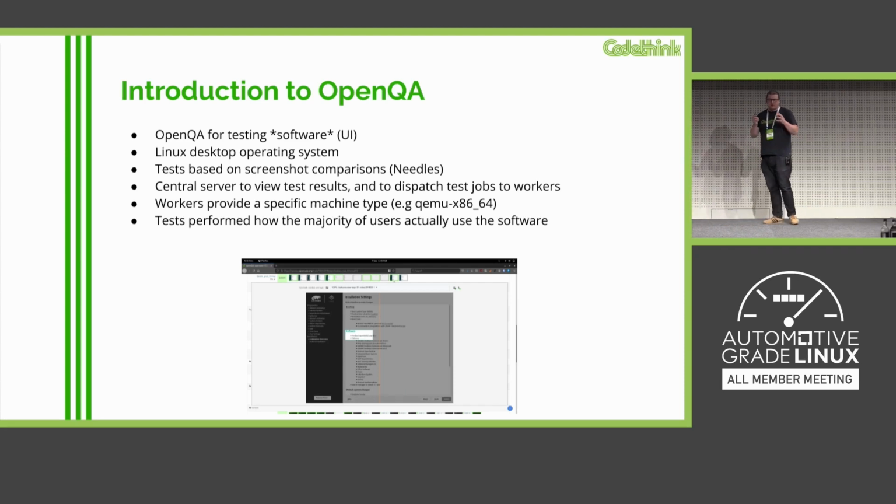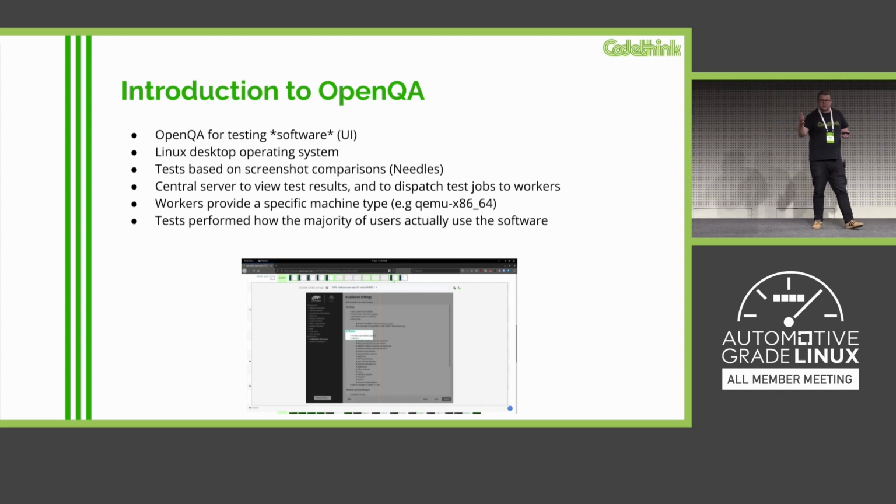So the great thing about OpenQA is that it is mimicking how users actually use the software. So it's using touch events, because when people use software, they're using the IVI screen, right? They're not sat there simulating CAN signals with a canalizer tool. So that's what really drew us to it.